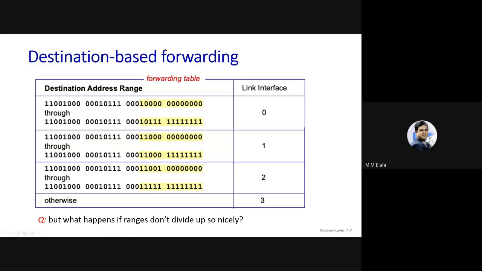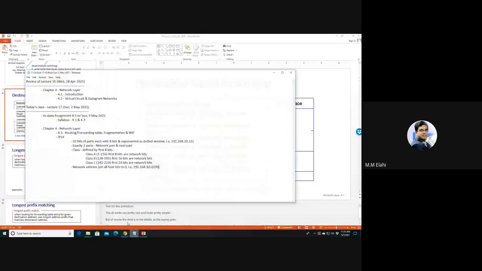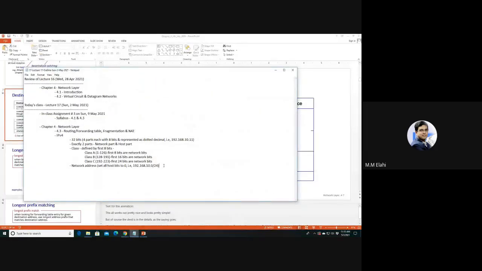So if I say one more thing, if I get a network address like in the previous one, 192.168.10.0/24, then I can get a range of values that can be assigned to hosts.